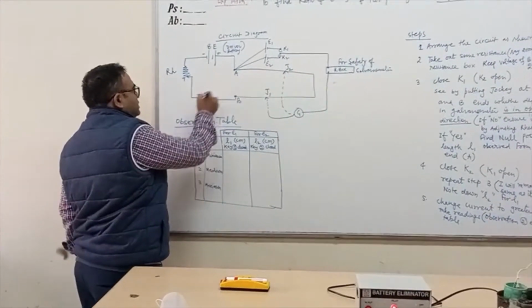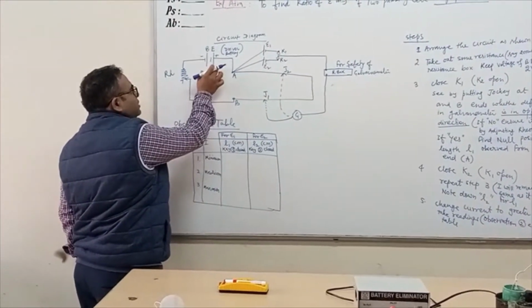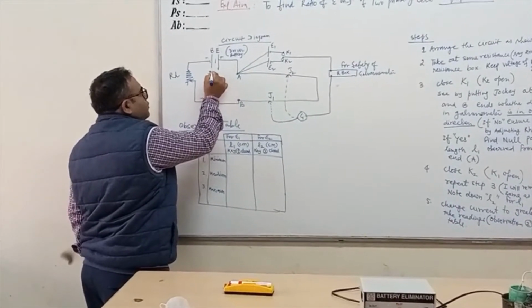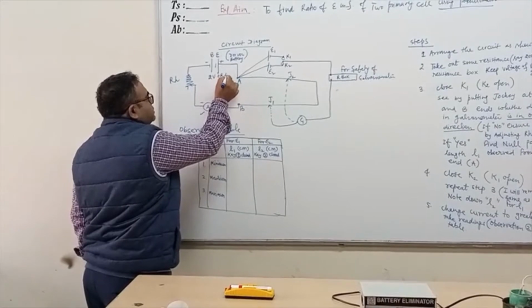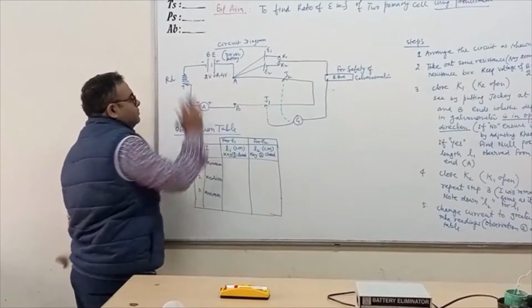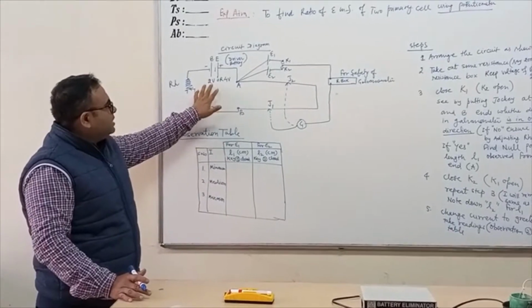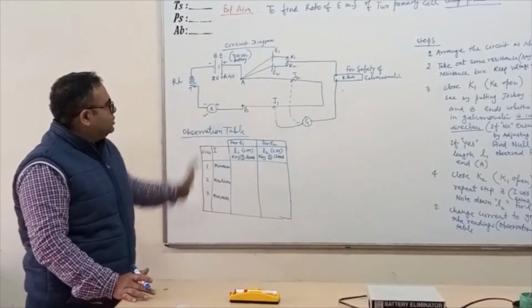We will not touch this battery eliminator because we will keep it at 2 volt or sometimes 4 volt maximum, not more than that. We will not touch it after keeping it at 2 volt or 4 volt.